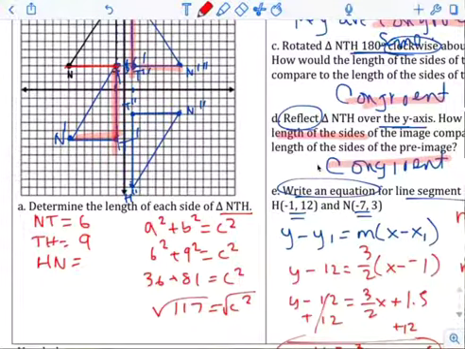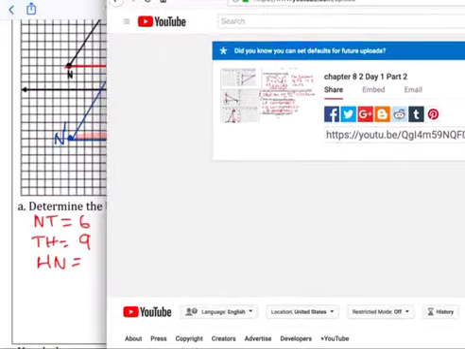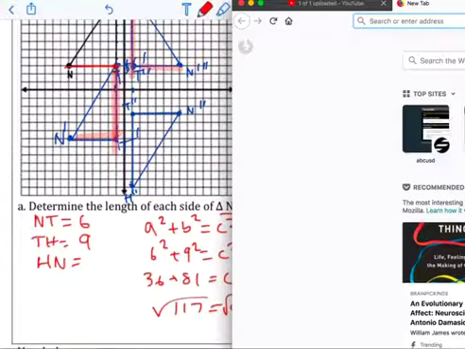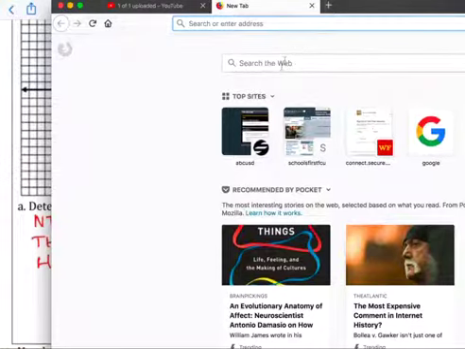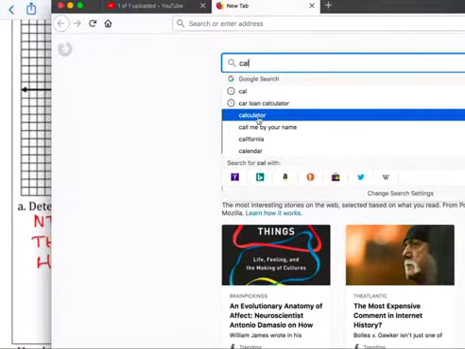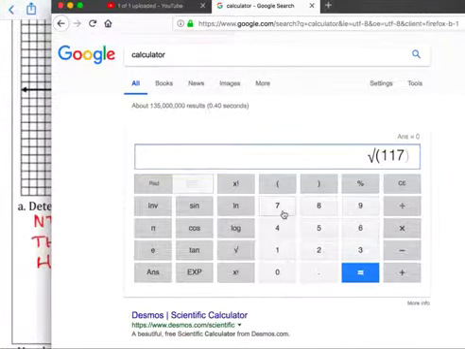Okay, the square root. Oh, this is important. Let's see. Calculator. Square root of 117 equals.